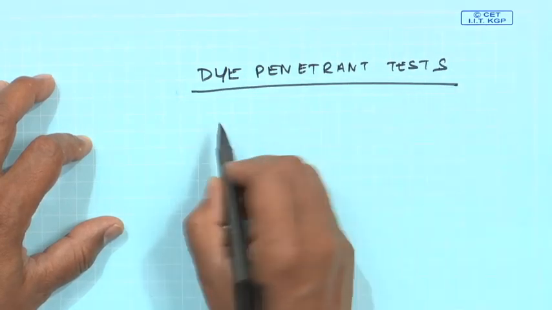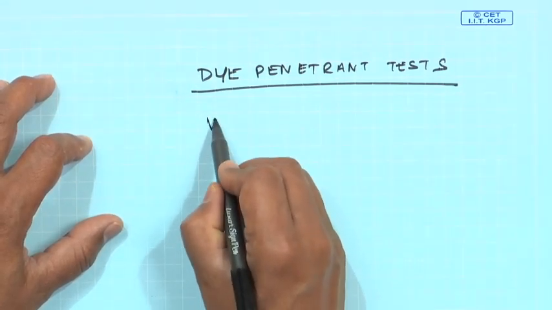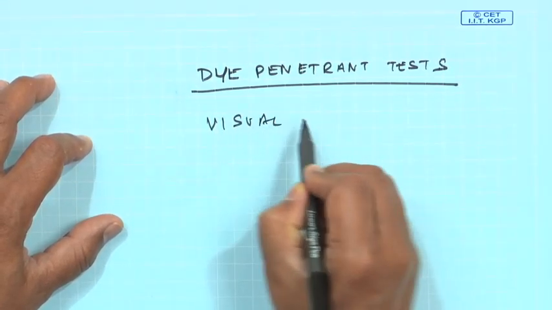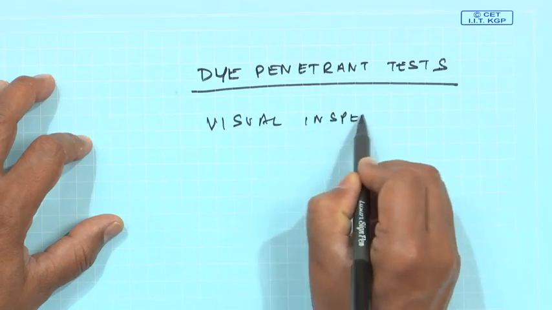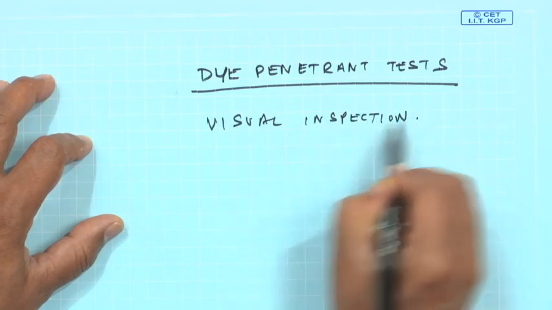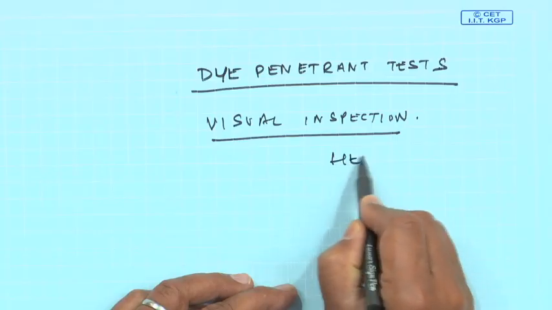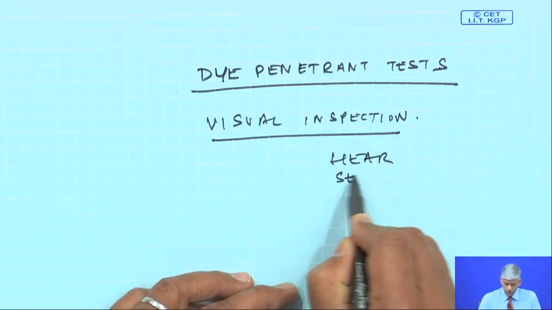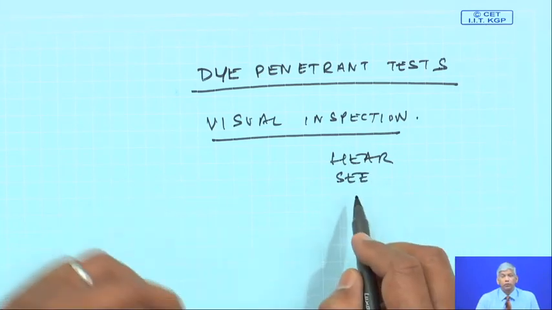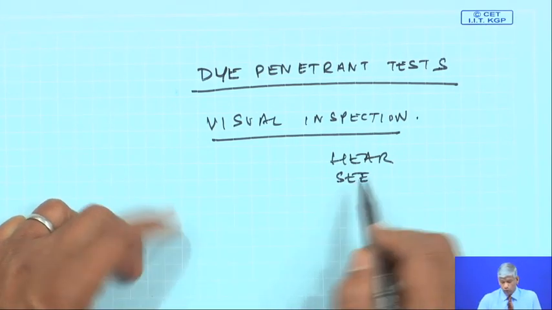They come under the class of visual inspection. Well, let me tell you, even as a condition monitoring engineer or a maintenance engineer, nothing must escape our sensory system, be it what we hear, what we see, what we feel, what we smell.